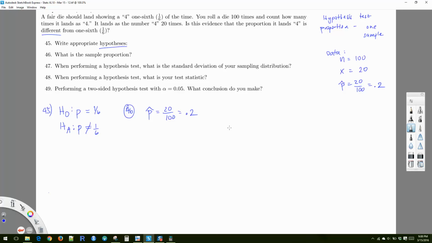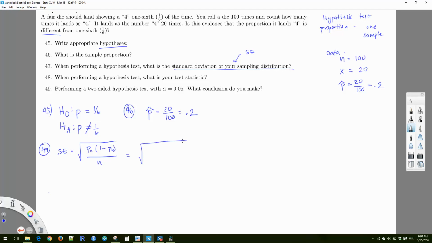Straightforward enough. Okay, 47. When performing a hypothesis test, what is the standard deviation of your sampling distribution? This is just a fancy way of saying, what is the standard error? That's the definition of the standard error. So here our standard error is going to be the square root of p0 times 1 minus p0 over n. What is p0? 1/6, right?